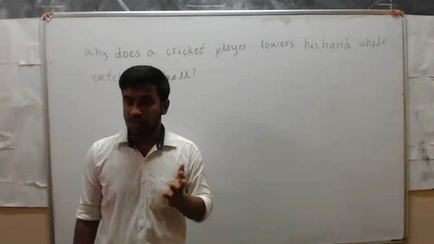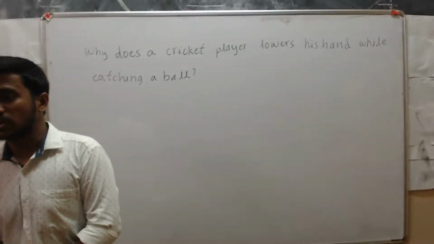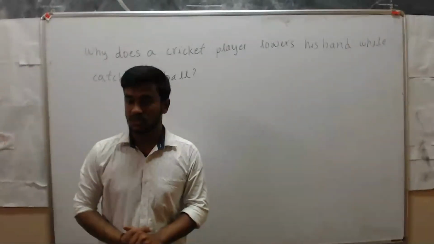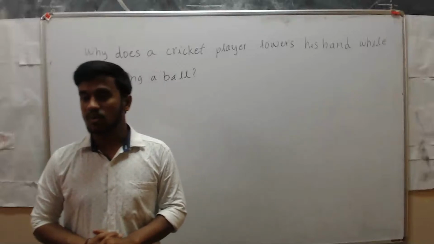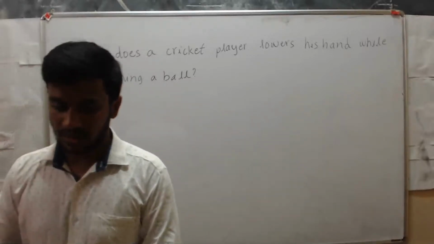When the velocity reduces, the momentum also reduces, because P is equal to m into v. When you increase the velocity, momentum increases. When you decrease the velocity, momentum decreases. So if the velocity decreases, then the momentum also decreases, and he can easily catch that ball. Okay, so this is the answer.